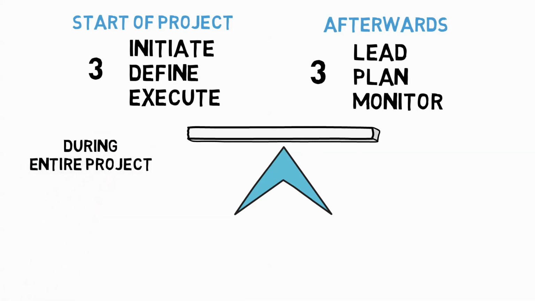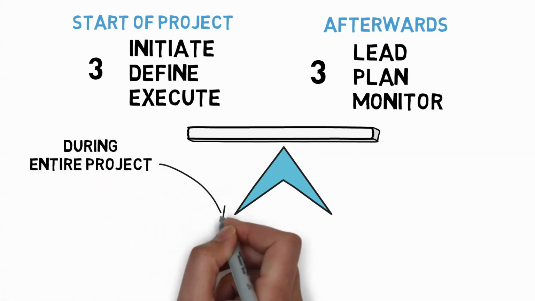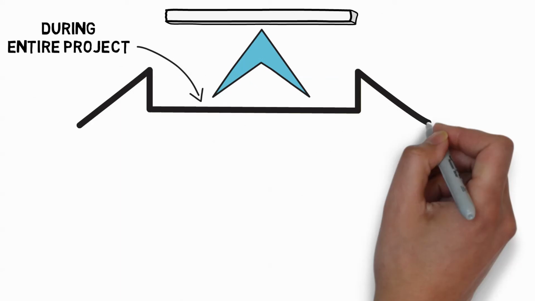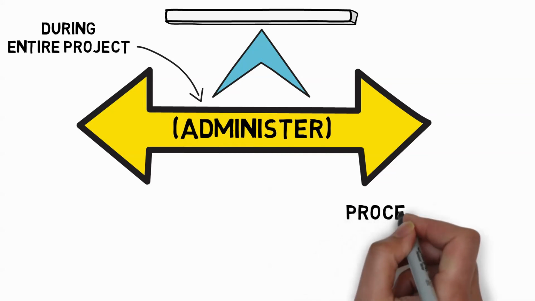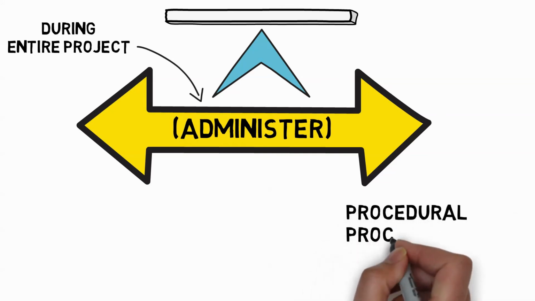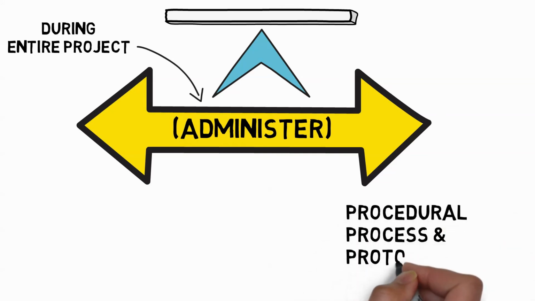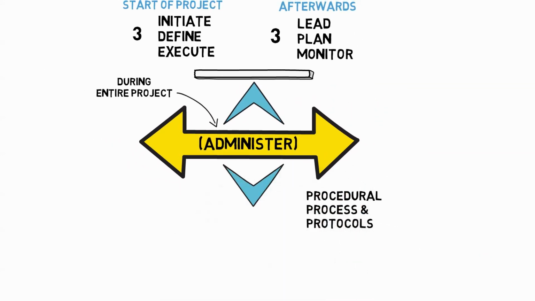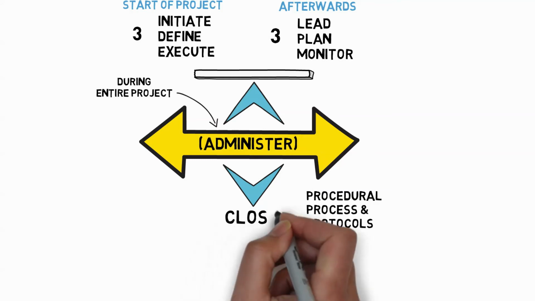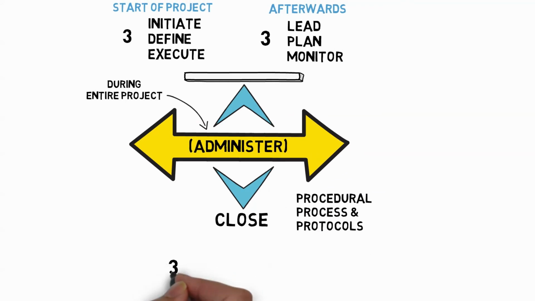During the entire project, you administer the project or manage the project, which is the process, the procedural process and protocols. And at the end, you close the project and you do three more things.